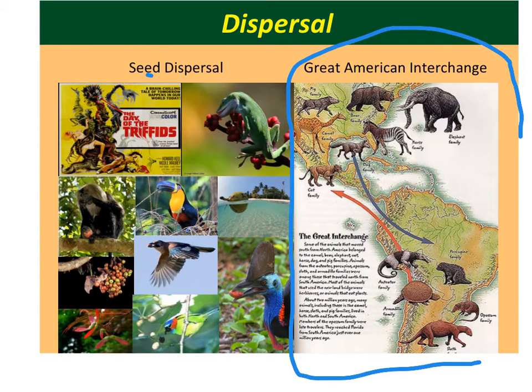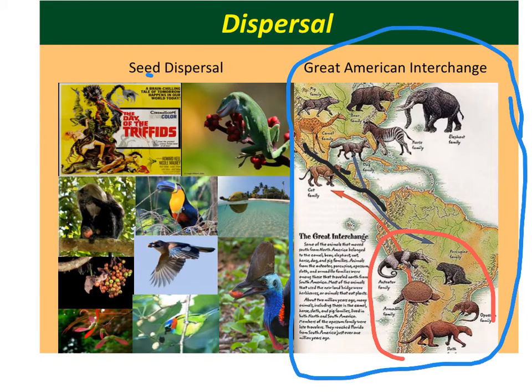This is called the Great American Interchange, and it happened because the Isthmus of Panama connected North America and South America. So there were a bunch of species from South America, and these are all related to each other. They're called xenarthans.